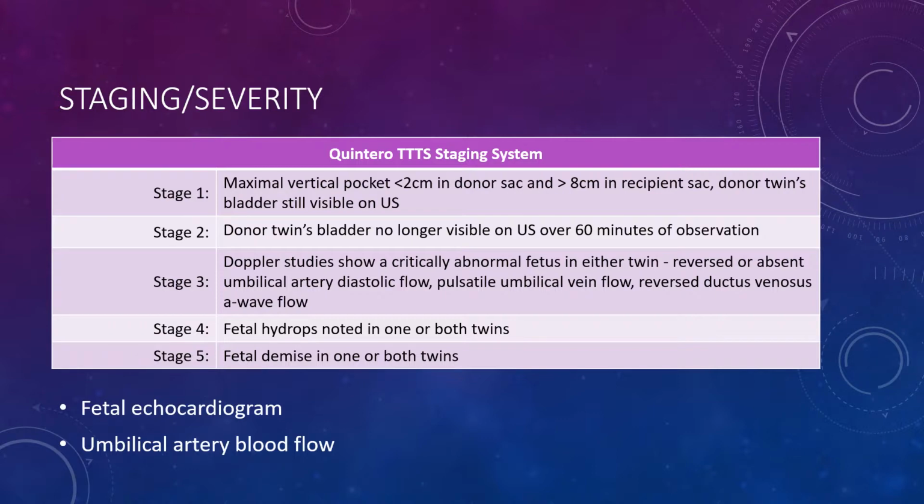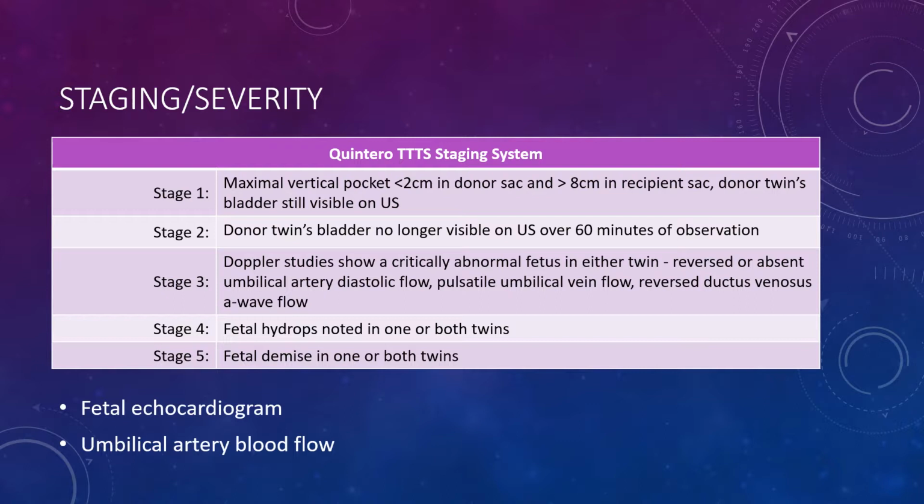So to look at severity, you can also do a fetal echocardiogram to see if there's any enlargement of the heart or any regurgitation across the heart valves, or decreased function or pulmonary stenosis. And this is mainly in cases that have gone untreated.